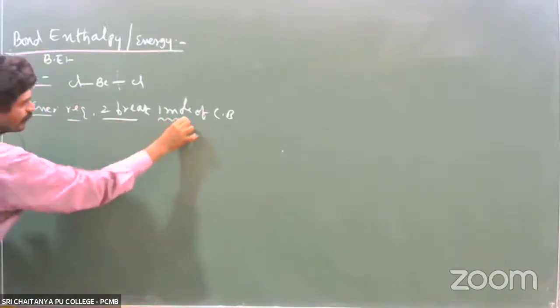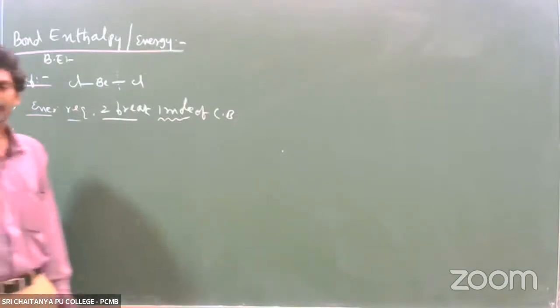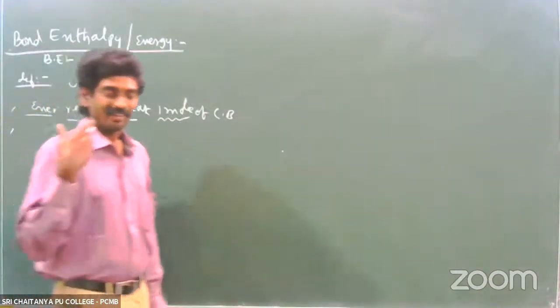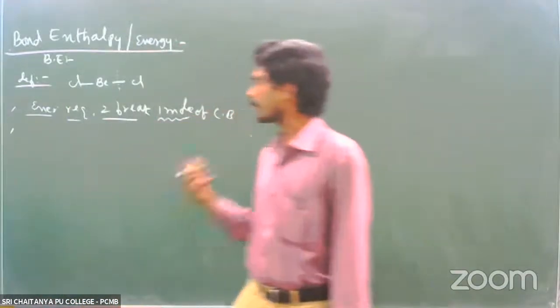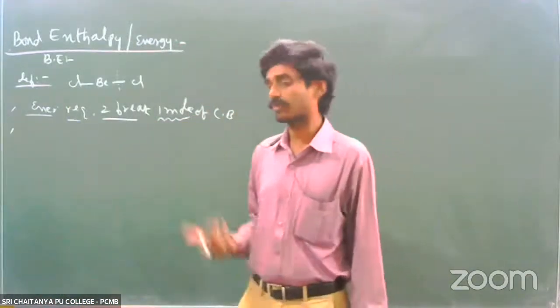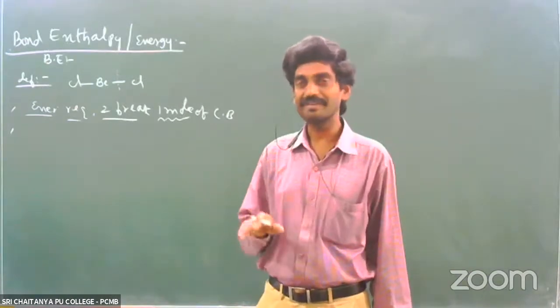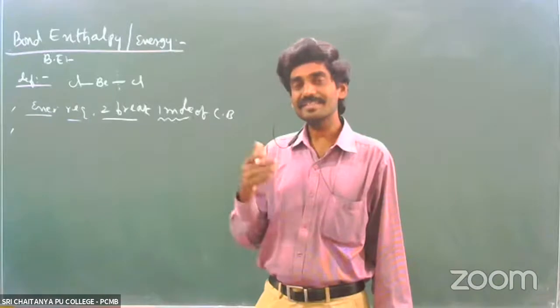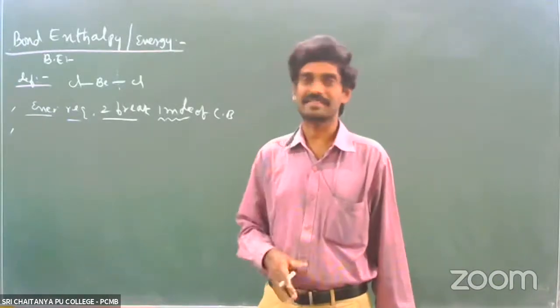Different covalent molecules exist. To break all the covalent bonds present in different covalent molecules, is the same energy required? No. The energy required to break the different covalent bonds of different molecules is different.